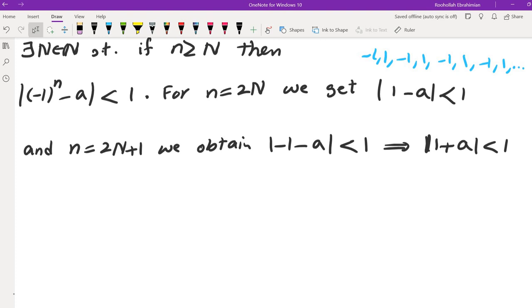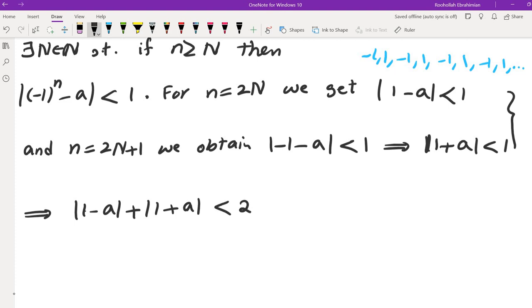There are a couple different ways of showing that. One way would be to add the two up. If you take these two and add them up, we get the absolute value of 1 minus a plus the absolute value of 1 plus a is less than 2.